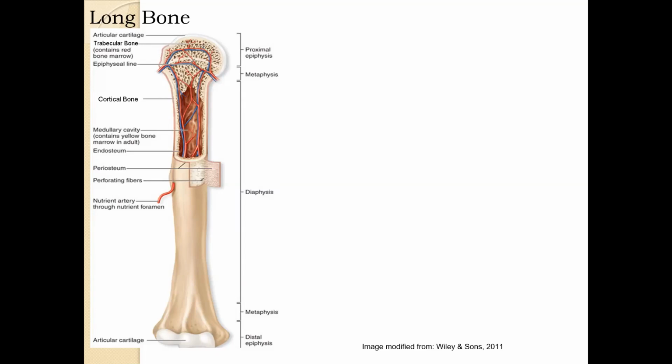On the edges of the epiphysis, we get the articulating cartilage regions, or the articulating edges of the bone. Within the epiphysis, we get what's referred to as the epiphyseal region, or the epiphyseal plate, or the epiphyseal line. This is the area where bone will grow in an apical or elongating fashion. And we'll talk about how that comes about when we look at the physiology of the bone as well.